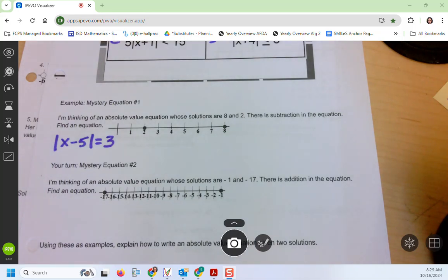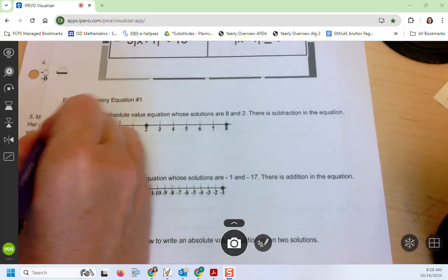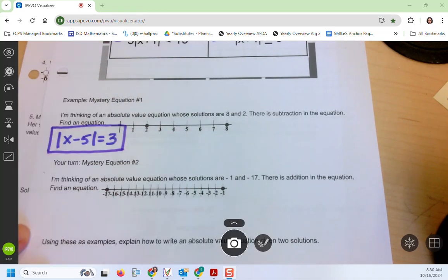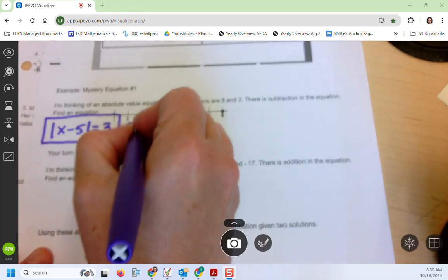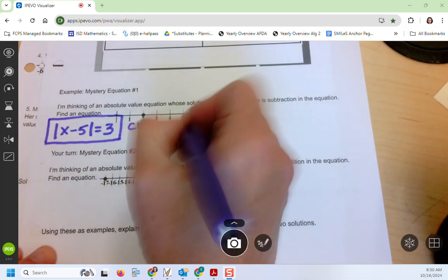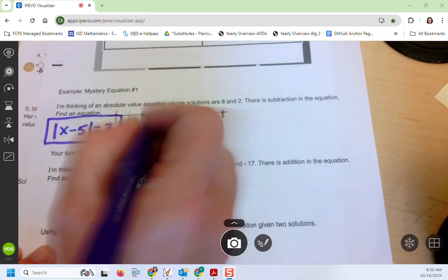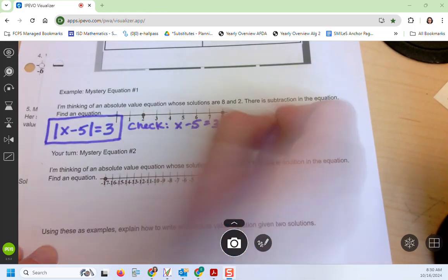Okay. Now, this one is an answer, and I'm going to put it in a box. The equation is the answer. But the check is going to show us that it works. So let's do the check right now. The check is to solve it. So one of them is x minus 5 equals 3 with no absolute value. x minus 5 equals negative 3.